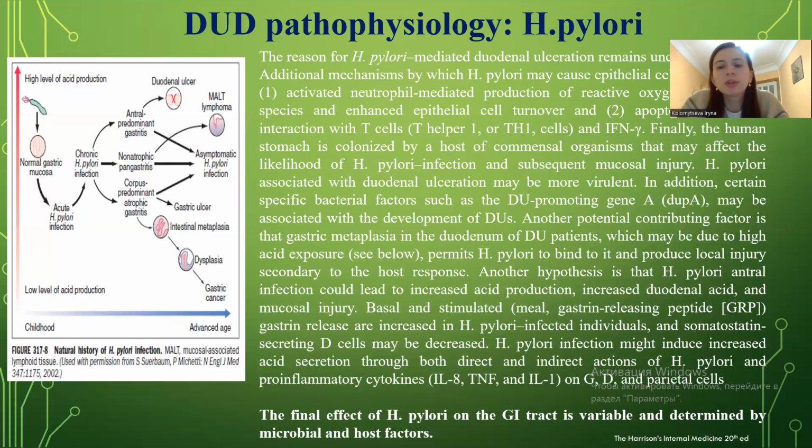Helicobacter pylori infection might induce increased acid secretion through both direct and indirect action of Helicobacter pylori and pro-inflammatory cytokines on G cells, D cells, and parietal cells. The final effect of Helicobacter pylori on the digestive tract is variable and determined by microbial and host factors.